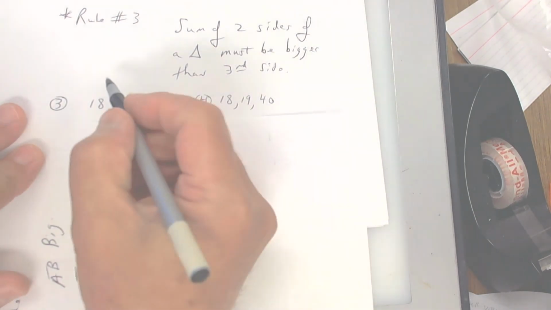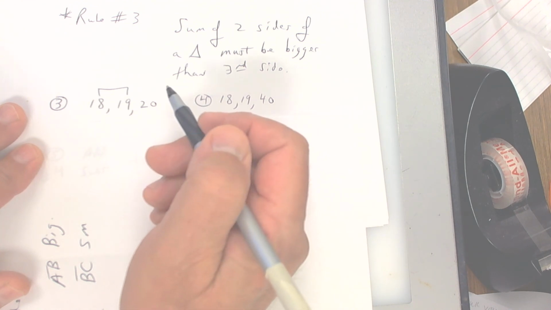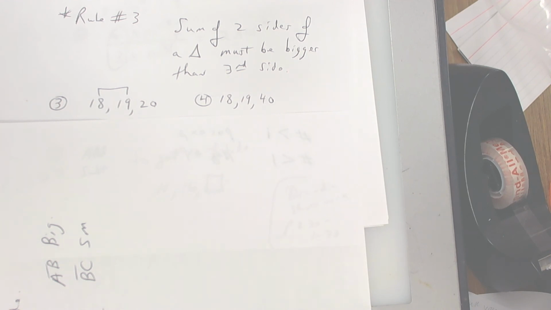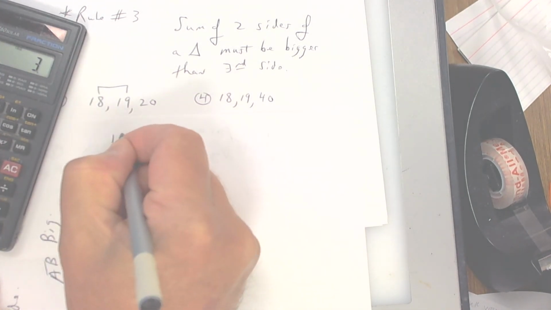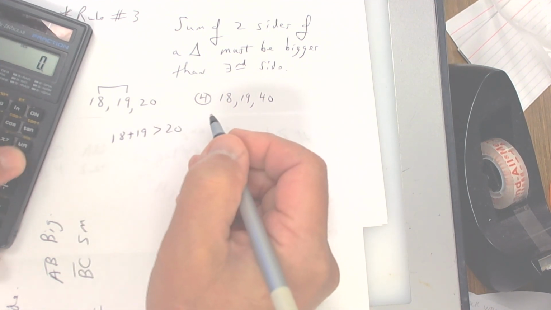The sum of two sides of a triangle must be bigger than the third side. Memorize that. So look here. If I add up these two sides, I get something bigger than 20. Watch. I want to see the work, so 18 plus 19 has to be bigger than 20. And I think it is.